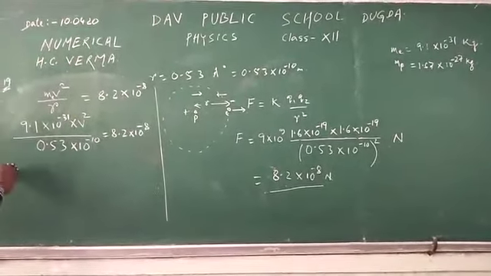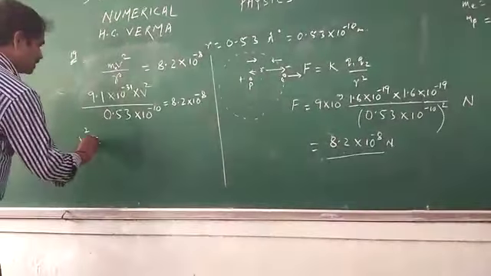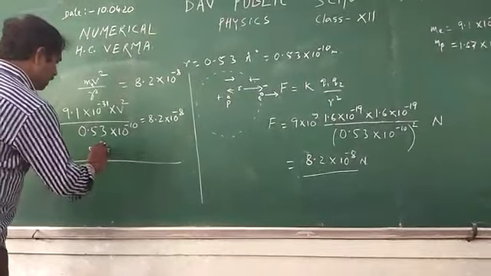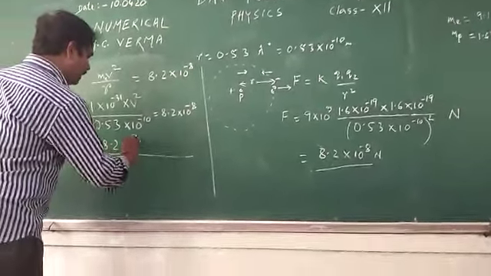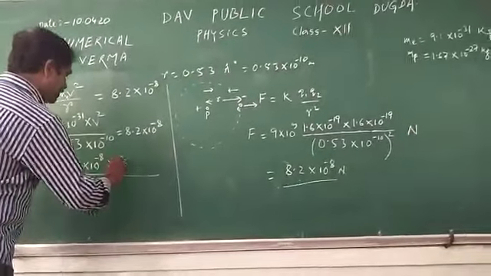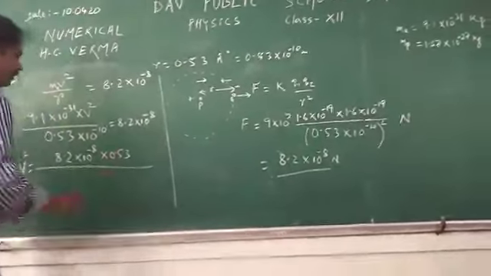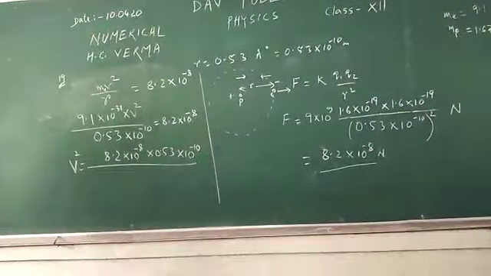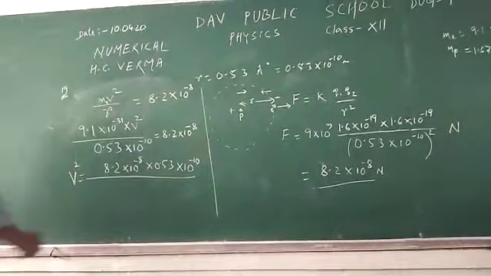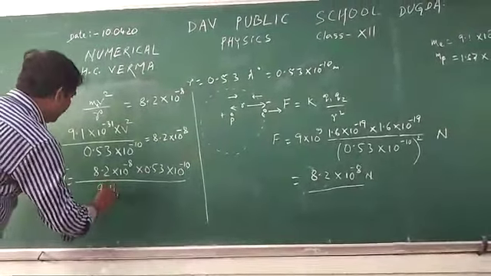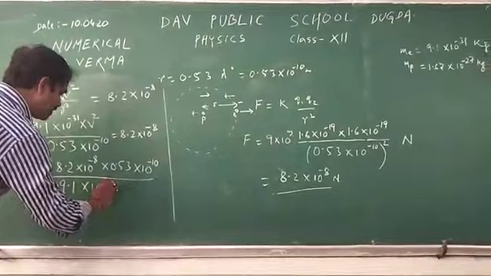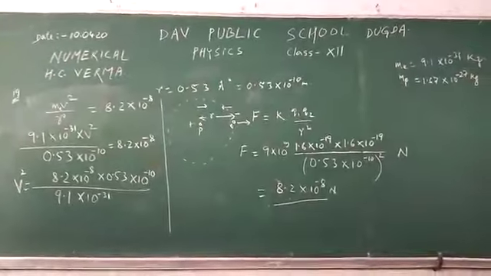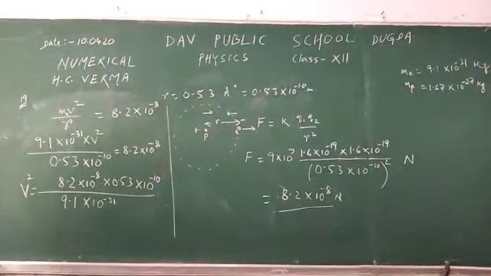So your v square is equal to 8.2 into 10 to the power minus 8 into 0.53 into 10 to the power minus 10 divided by 9.1 into 10 to the power minus 31. This is the value of v square.